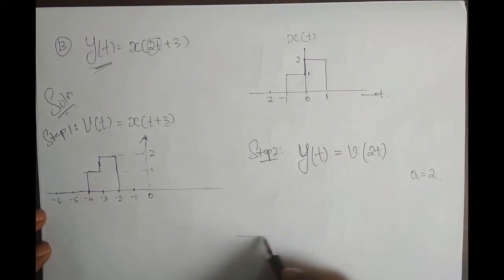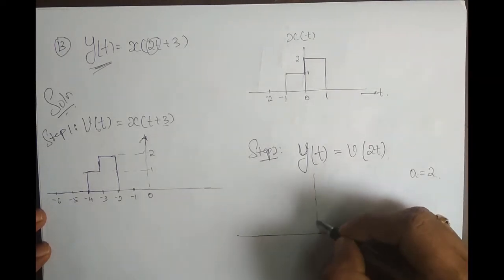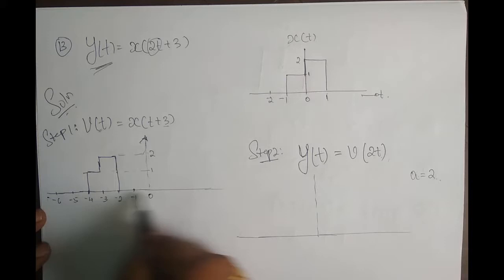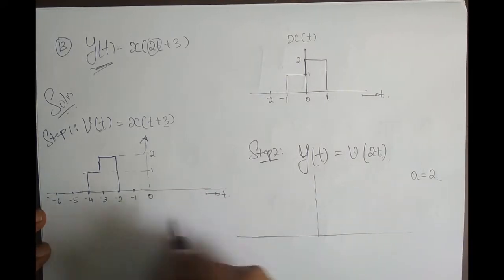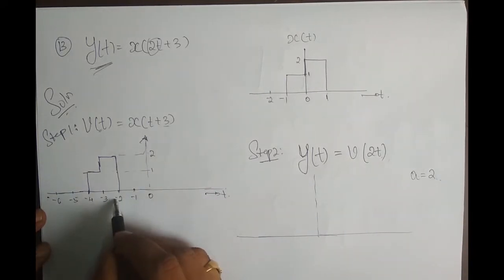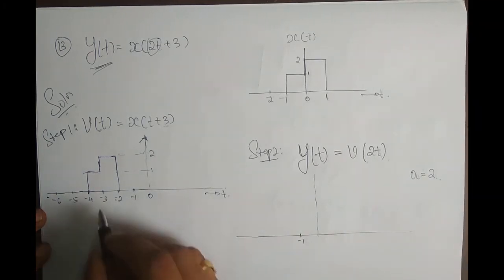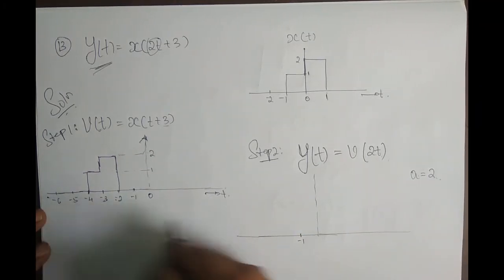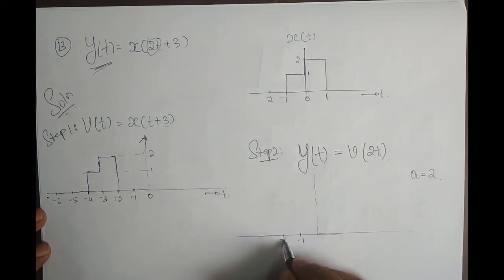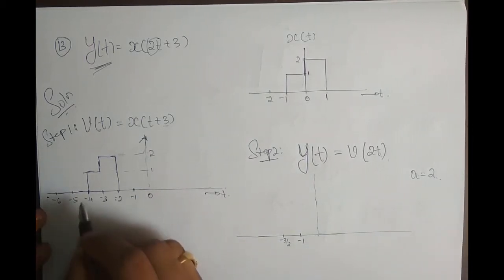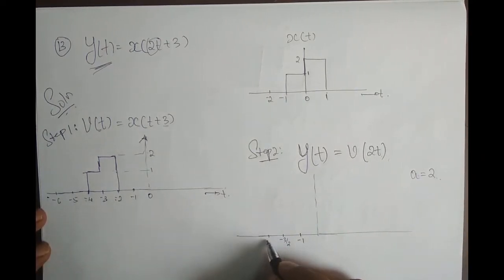So what do I get? When I multiply everywhere by 1 by 2 in v of t, -2 goes to -2 by 2, which is -1. -3 goes to -3 by 2, which is -1.5. -4 is multiplied by 1 by 2, which is -2.